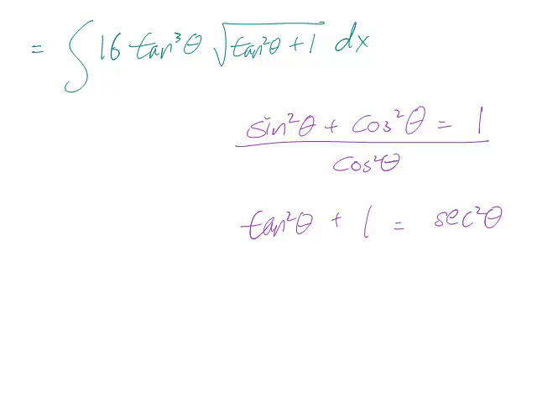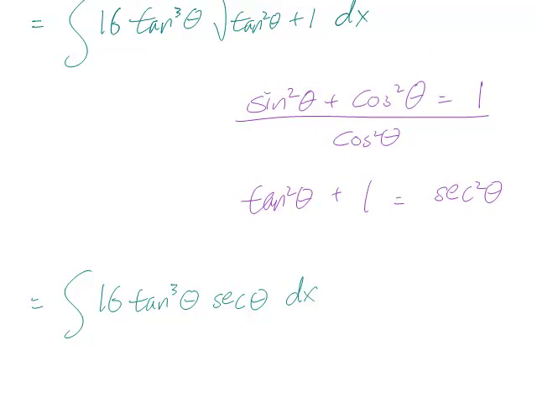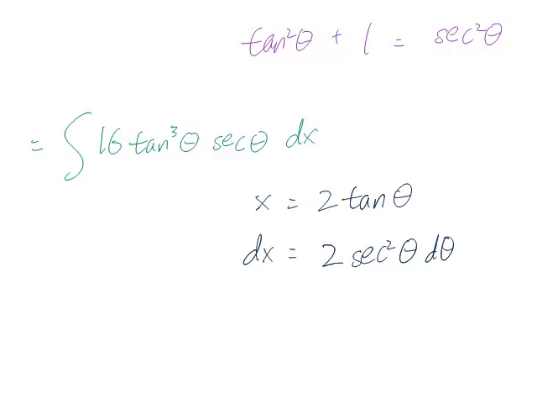Okay, so let's do that before we go on to the dx to d theta thing. The square root of secant squared theta would just be secant theta, and dx. Now you may want to recall that the substitution was x equals 2 tangent theta. So if x is 2 tangent theta, then dx is going to be 2, since the derivative of tangent is secant squared theta d theta.